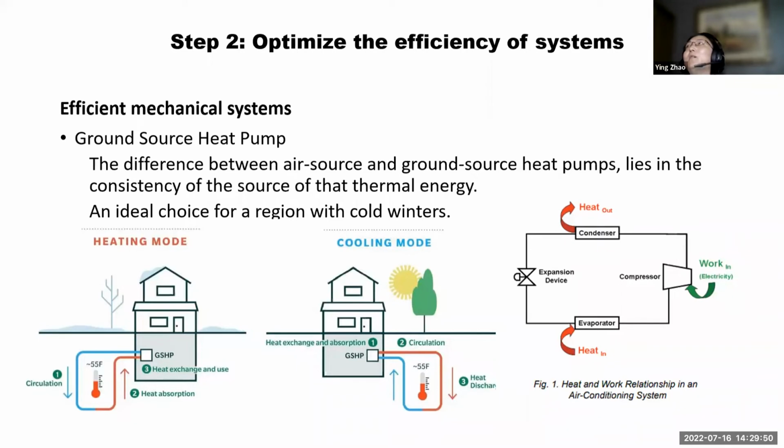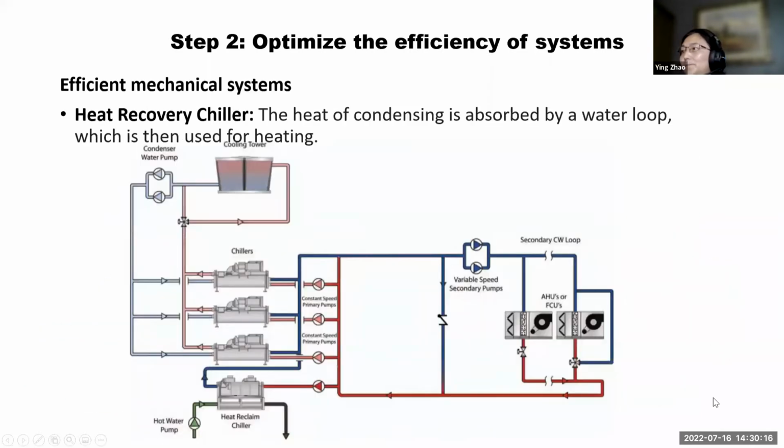In the heating condition, the ground temperature is much higher than outside. That makes the temperature difference and the heat exchange more efficient. So the ground source heat pump typically has better efficiency than the typical air source heat pump, and it can work in both heating and cooling mode. That's one of the efficient mechanical systems.